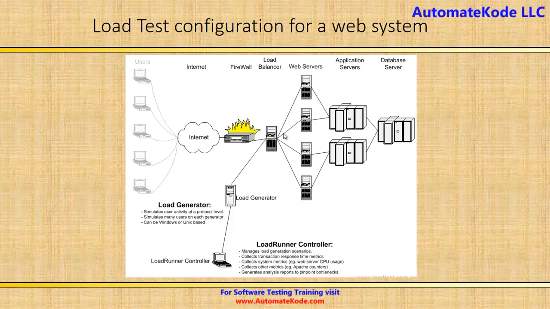Then you can see there are web servers, application servers, and database servers. It happens accordingly. From web servers, there is a smaller number of application servers. Some of the requests go to application servers, and then from application servers they communicate to database servers, where you have all the records. Remember, when you send a transaction to someone, you are writing data into the database, and the database is located in the database server.